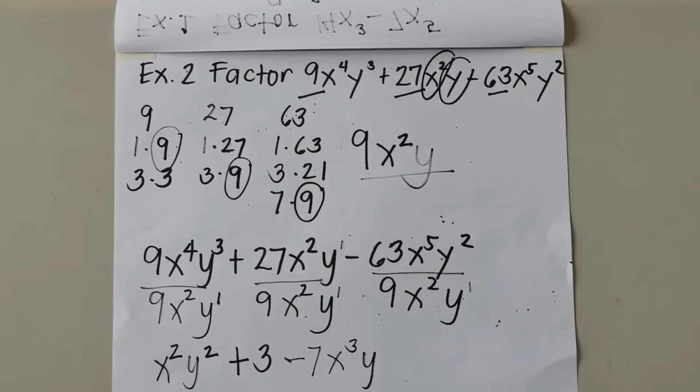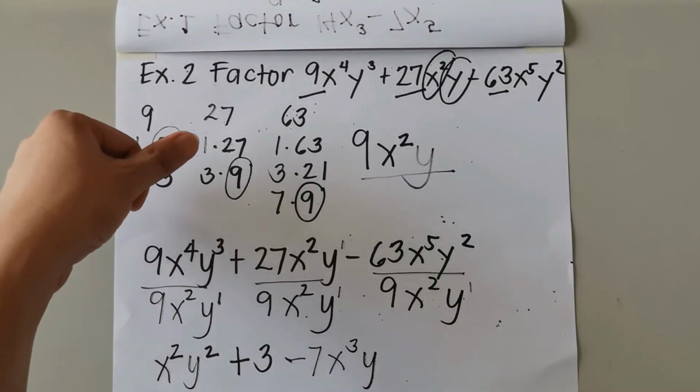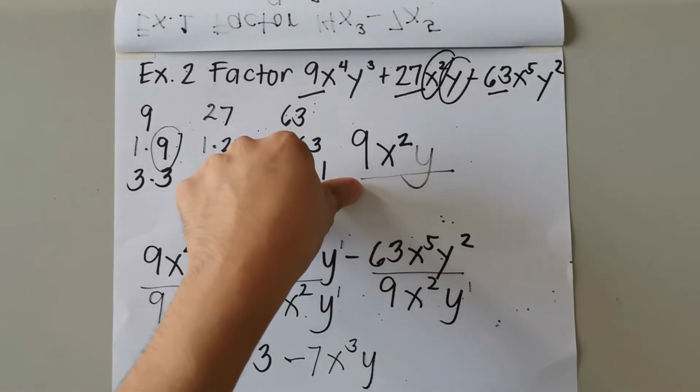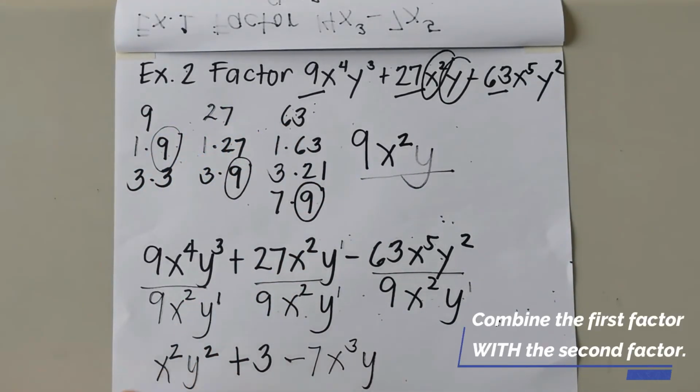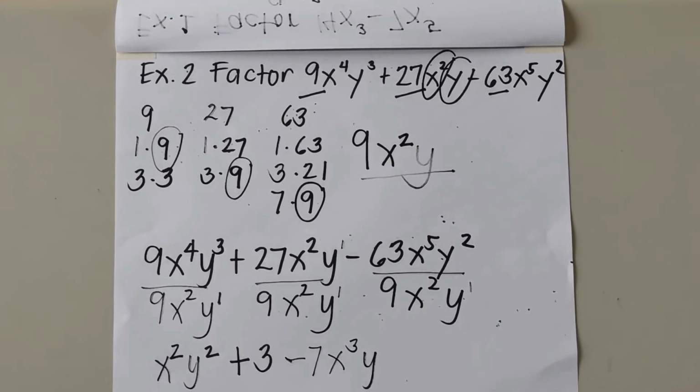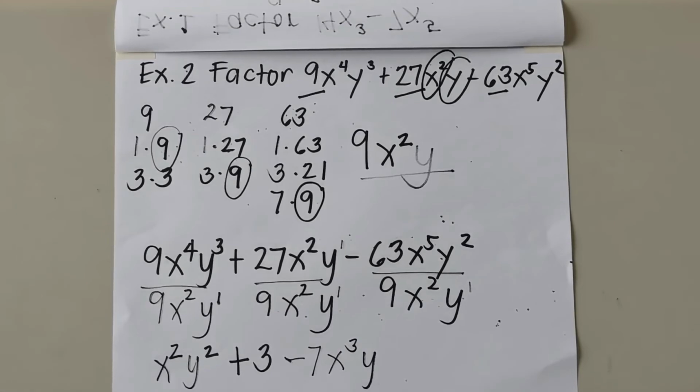Just like what we did on example number 1, we are going to combine our first factor here to the second factor here. And that's going to be our factors for the given 9x to the 4th y cubed plus 27x squared y minus 63x raised to 5 y squared. Okay, let's do that.